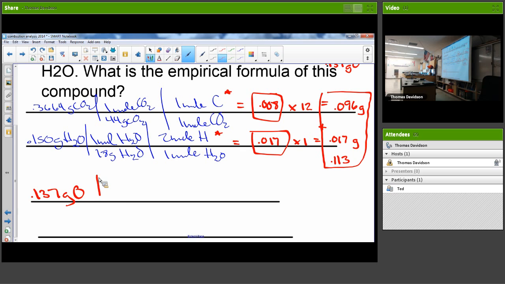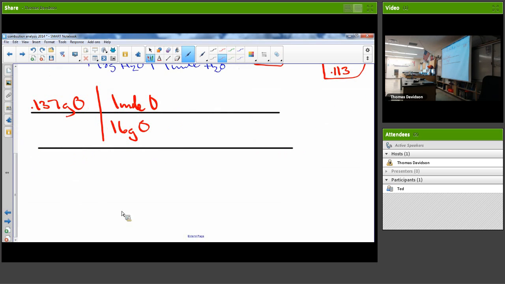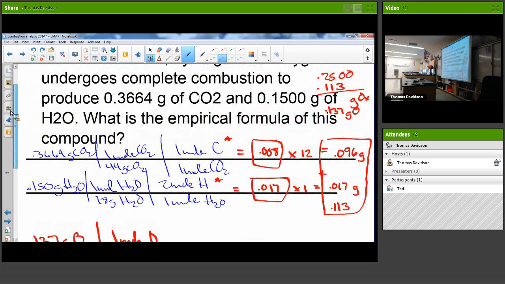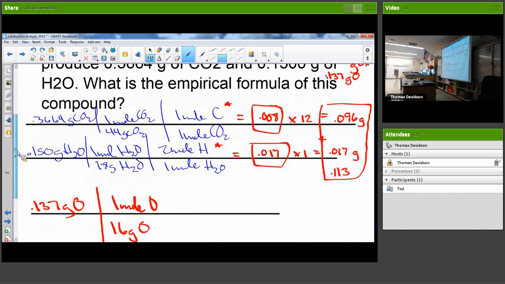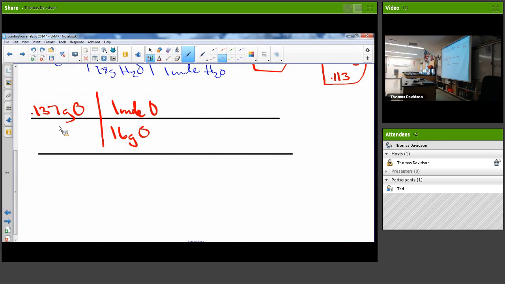I just have to divide it by its molar mass. 16 grams of oxygen for every 1 mole of oxygen. I got that from the initial mass it gave me. Okay, coming down here, I take this number and I divide it by 16. Anyone have that one yet?